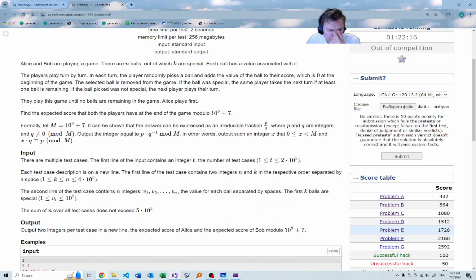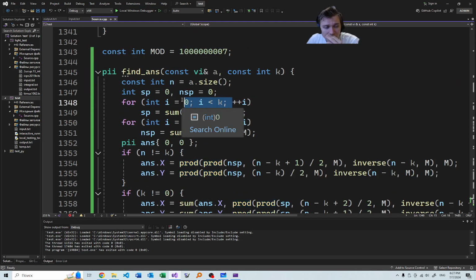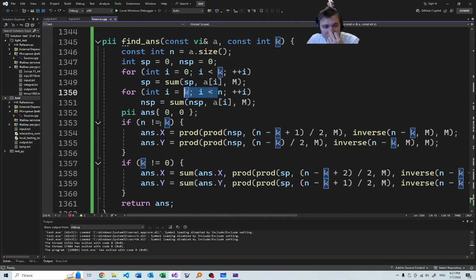Okay, again, the first k balls are special. So I take the first k balls and put them in the special sum. Then I take the other balls and put them in the non-special sum.